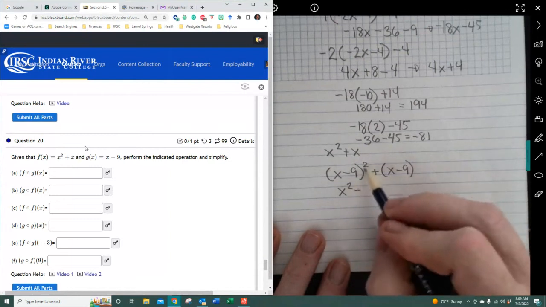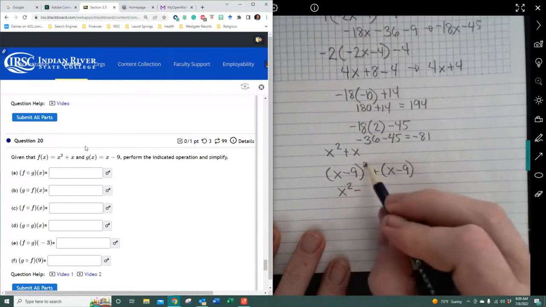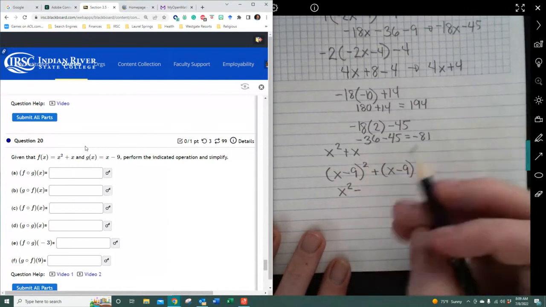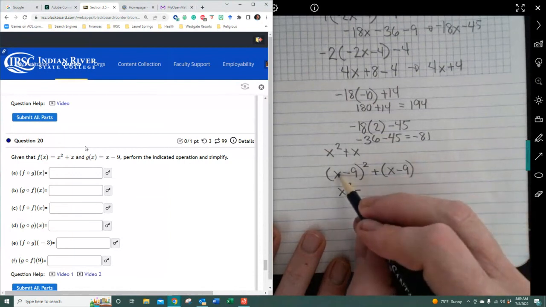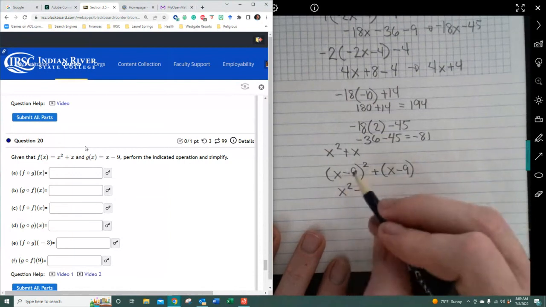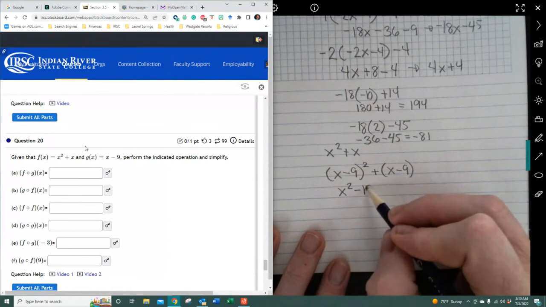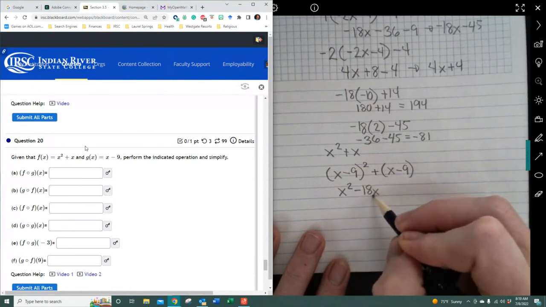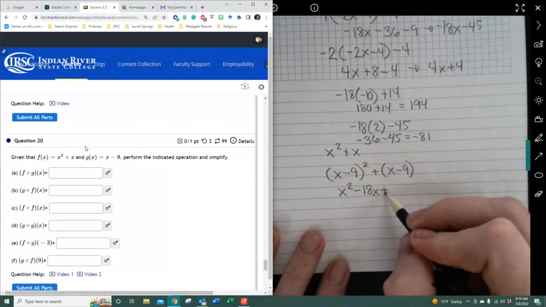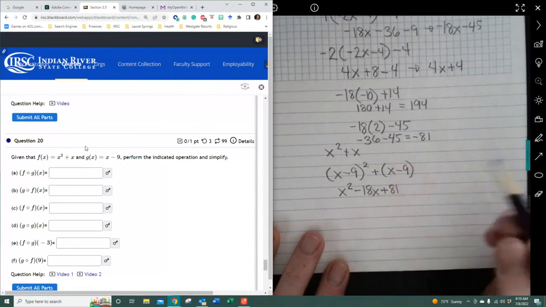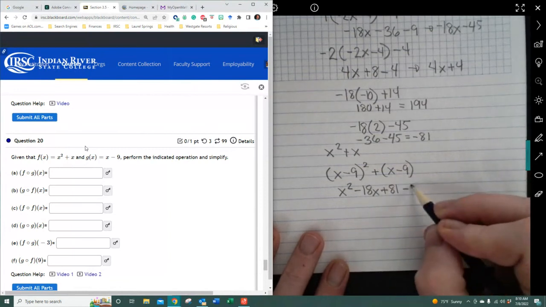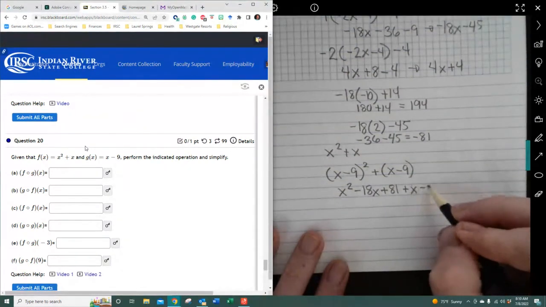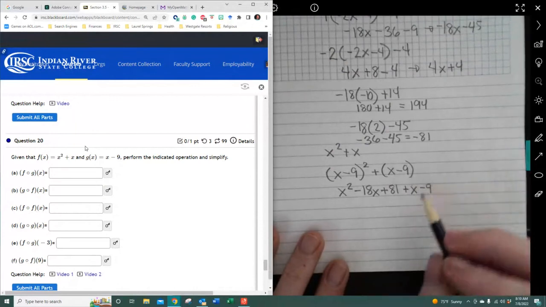But there's a little trick when you're foiling out a perfect square. You just go ahead and square that, multiply them together and double it. And then multiply that against itself, right? So you get 81. And then go ahead and put plus x minus 9.